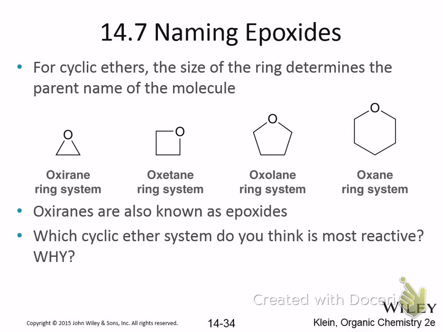Oxane, oxetane, oxolane, these are the names for the ring systems that have 1 oxygen in them. I think, if I'm not mistaken, they're based on oxane. Where you may have seen oxanes before is you're typically seeing them as environmental hazards, actually.